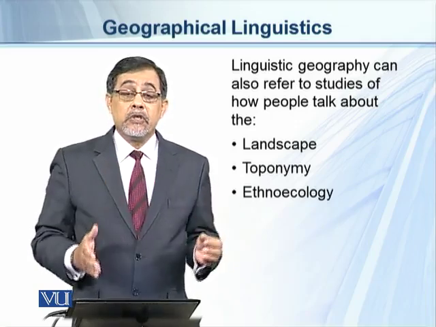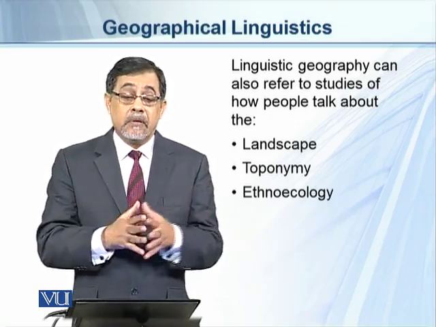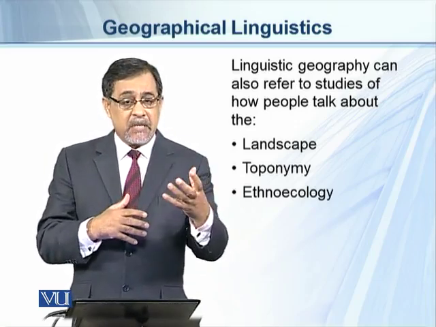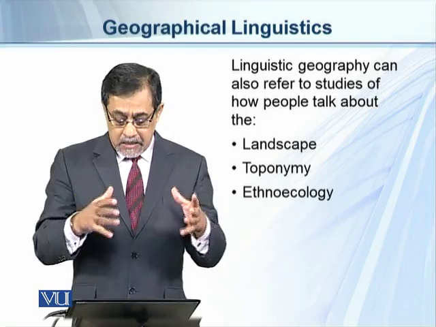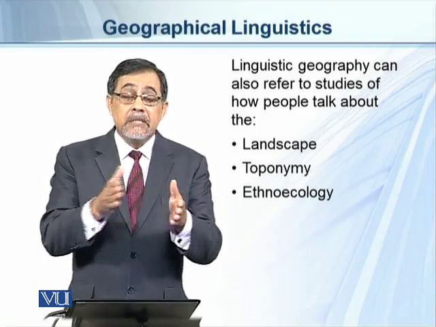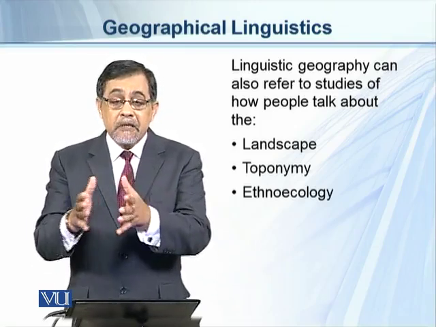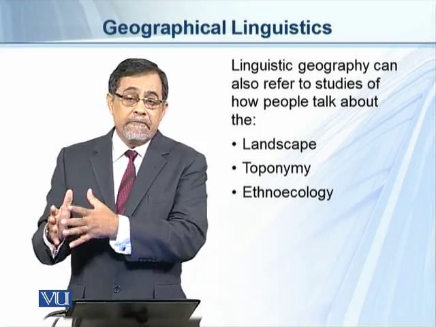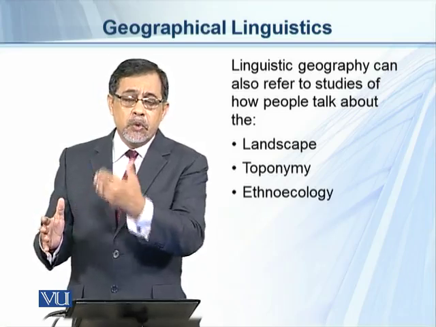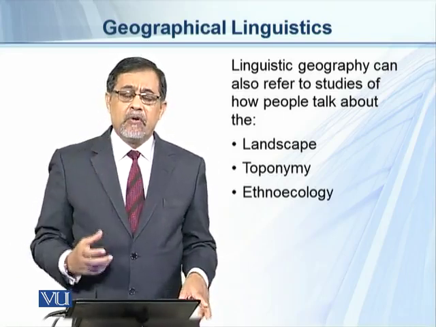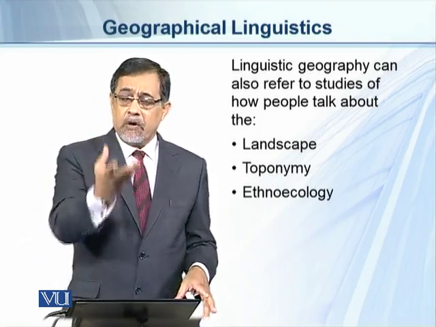This is a combination of anthropological linguistics, which studies cultures, and under ethnoecology, linguists study cultures with reference to the physical features of the place where a certain language is found. How do people use language in relation to the physical features, because they affect the language.